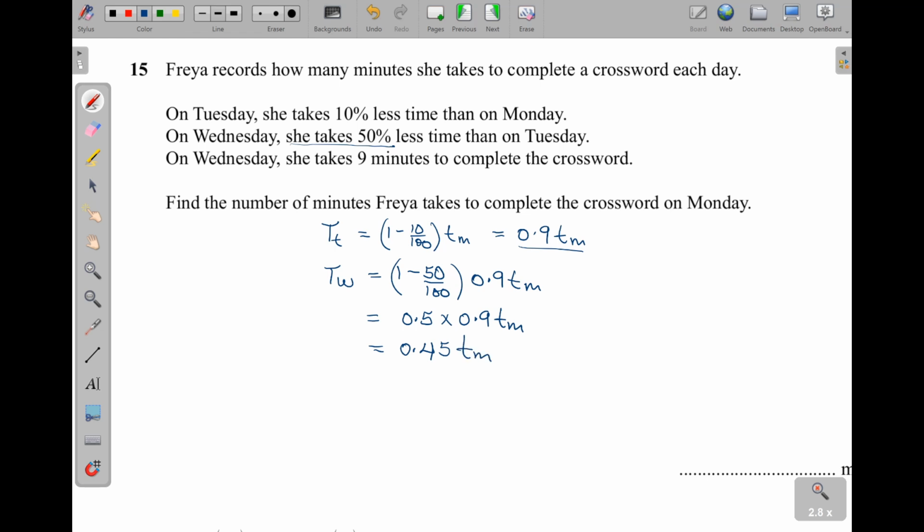And then they said that on Wednesday, she takes 9 minutes to complete the puzzle. So that means 0.45 of the time on Monday is equal to the 9 minutes. Therefore, the time taken to complete the puzzle on Monday will be 9 divided by 0.45.